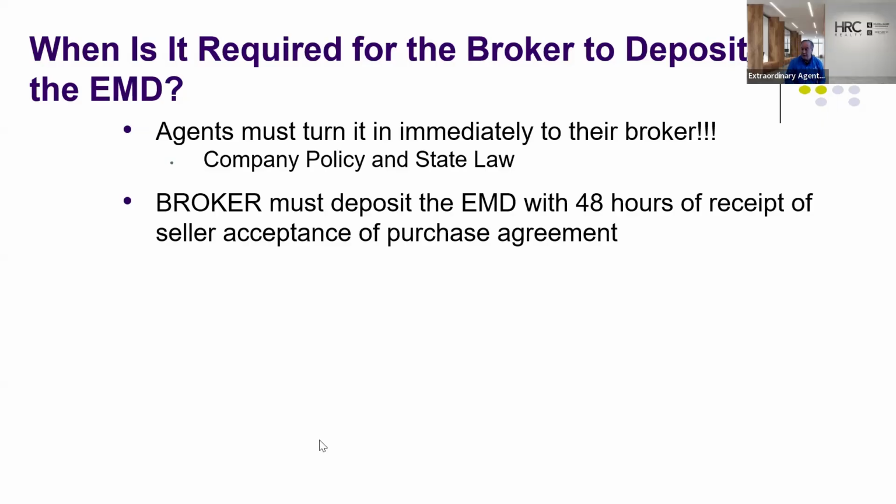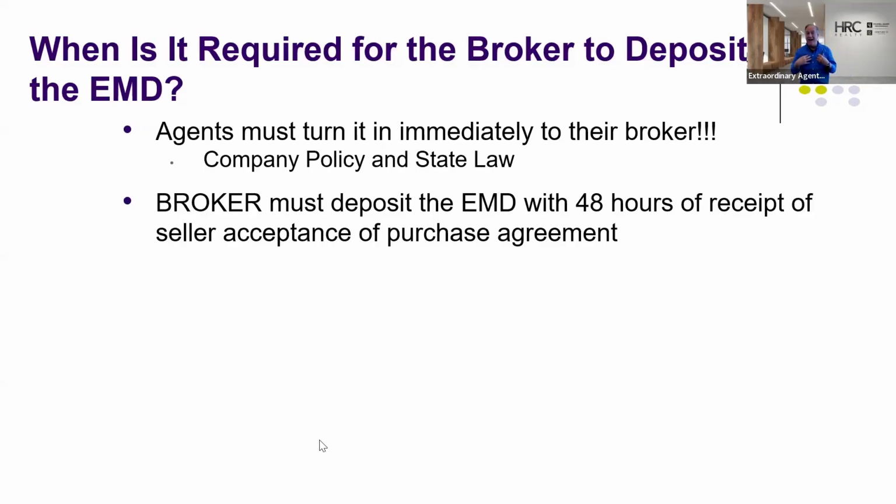Give me a statement. But what's the easiest way? Show me a copy. It could be a copy of the statement that says that we received it because it was a wire. Okay? I want something to protect my seller so that the money is there in case anybody were to default.